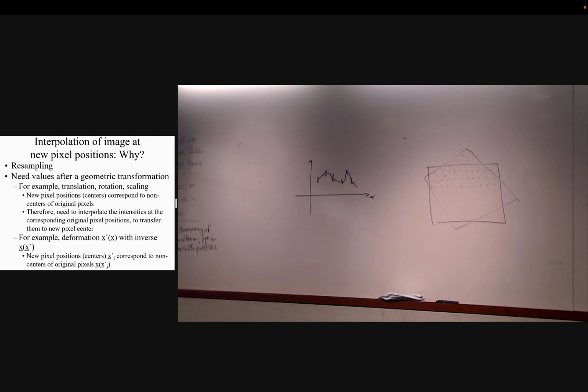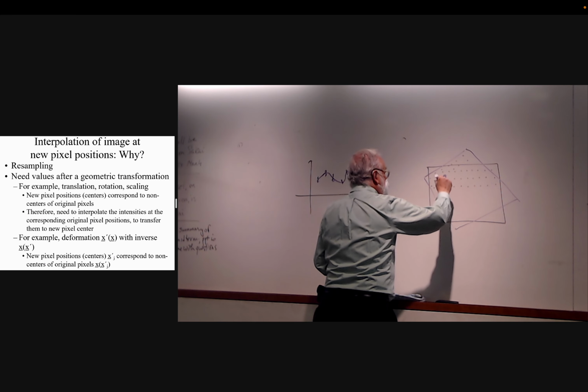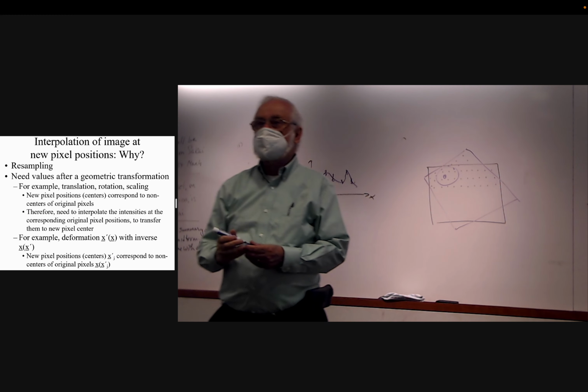When you rotate an image, you get new pixel centers. And therefore, when we rotate, we also have to interpolate. We have to figure out what the intensity is here, and we're going to do that by interpolation in the region of that blue place from the black pixels, from the original pixels that were in XY, and now we've got an X prime, Y prime, which is a rotated coordinate system, right?